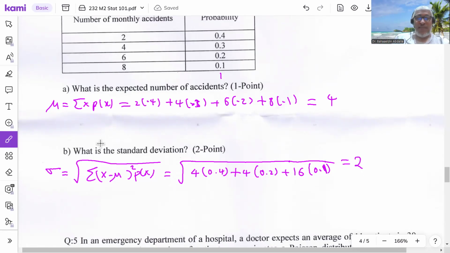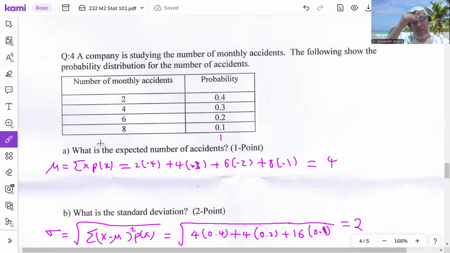You can answer this question using the calculator. Go to mode 3, mode stats. Then press stat, press 1 variable.